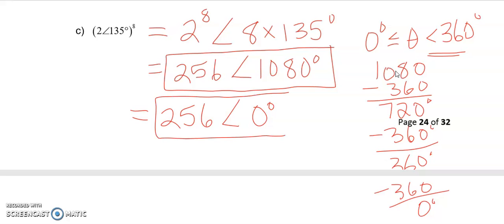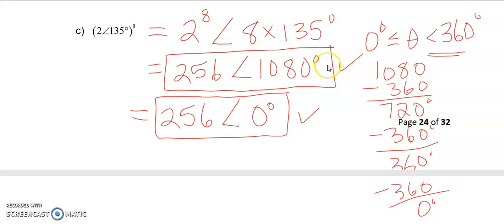Now that would get you your full marks. Now the first one, don't forget, is not wrong. It's just that the form is not correct for theta. So there is your final simplified answer. And that, ladies and gentlemen, is how you can raise any complex number to a power using de Moivre's theorem.